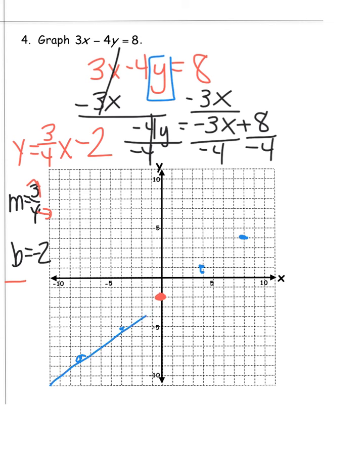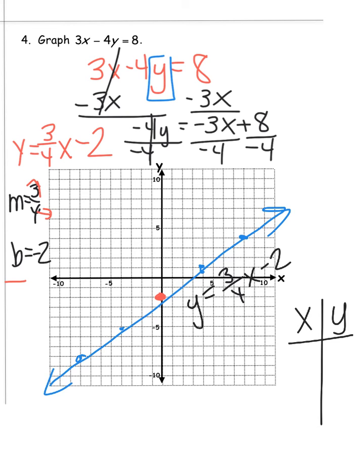Then let's graph that with a line. Connect it. Be as neat as possible. Label it. We got our arrows on the end. 3/4 x minus 2. And now throw in those 3 points. So we'll go here, here, and here. So I have 0, -2, first point.